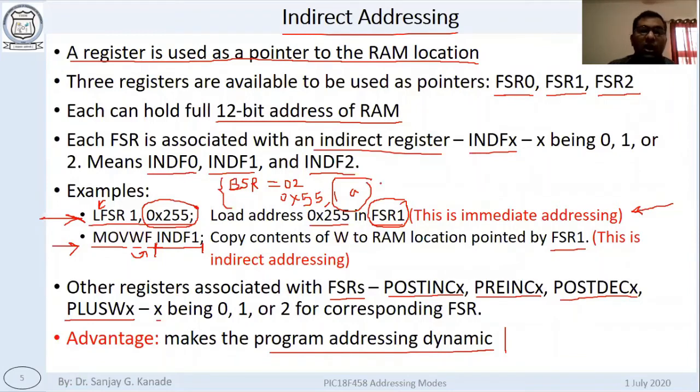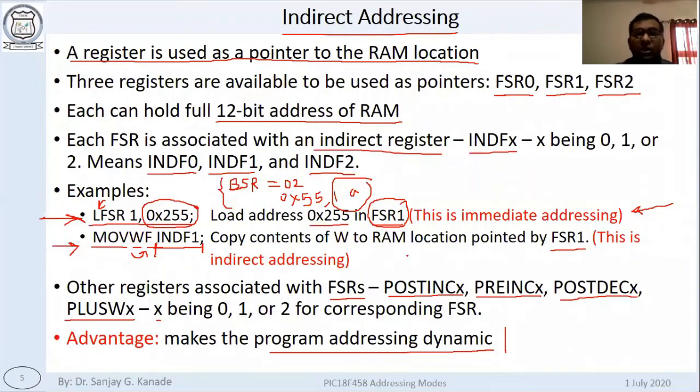These registers basically will not be used directly in a case like this. They have very unique and very important uses or applications in case of looping. We will soon see these registers, POSTINC and POSTDEC and PREINC, etc.